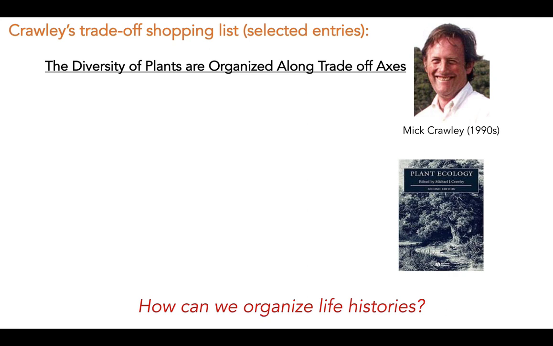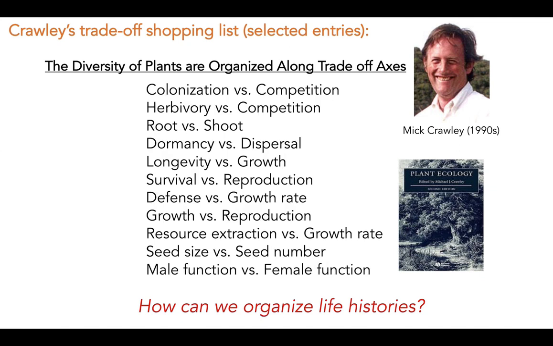Okay, so if we step back and look at the grand diversity of plants out there on the planet, we can organize the diversity of plants along different trade-off axes. And these trade-off axes, again, reflect the fact that allocation to one aspect of plant biology comes as a trade-off to another aspect of plant biology. And so this is a long laundry list.